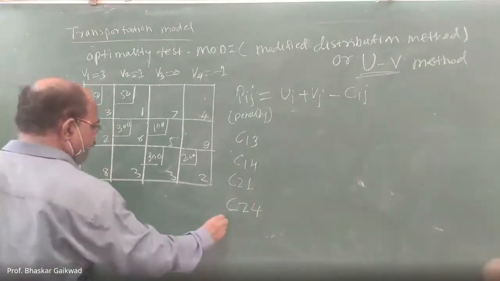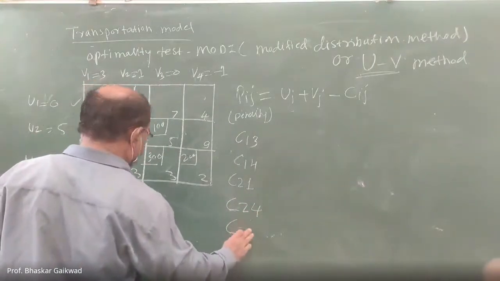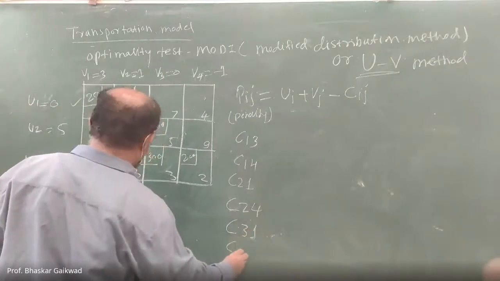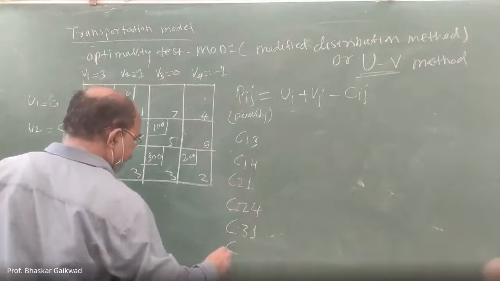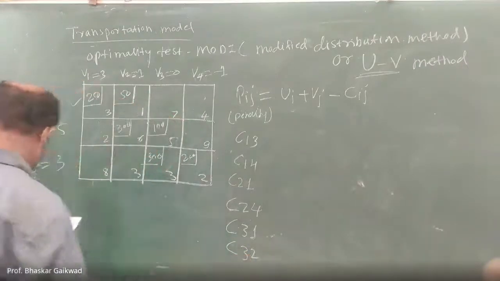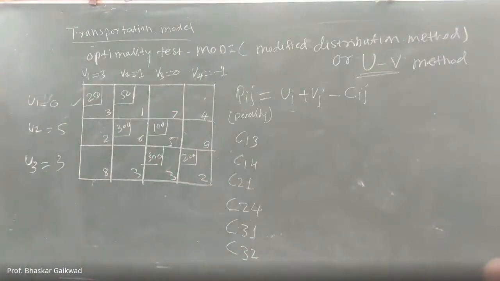This one, the third row, first column. And last one, this one, third row, second column. Like this way, you have to consider unallocated cells.